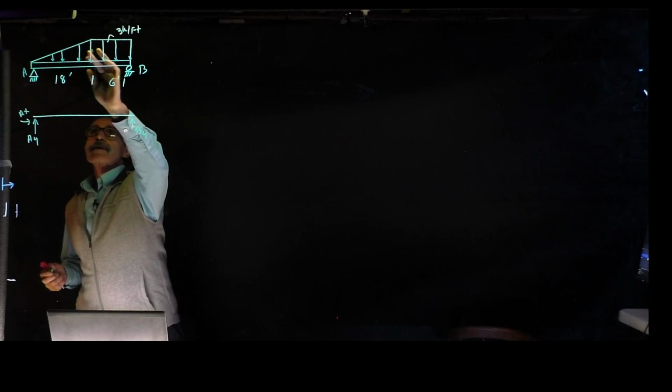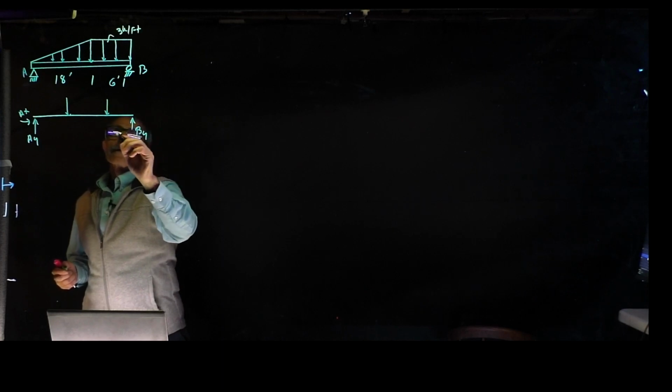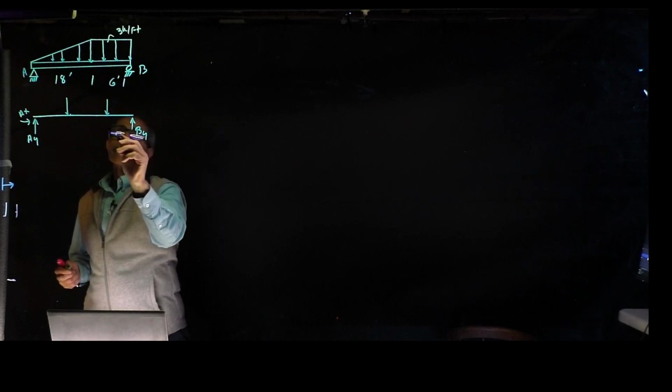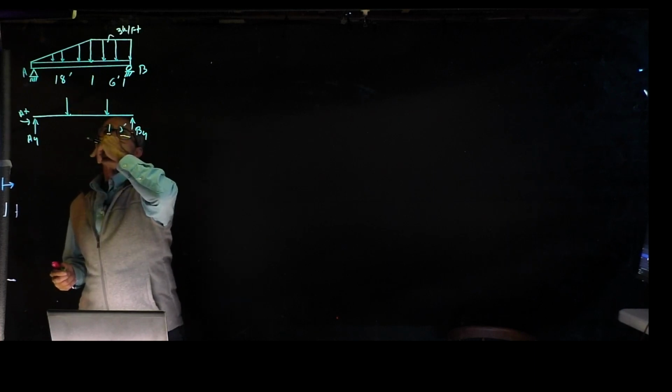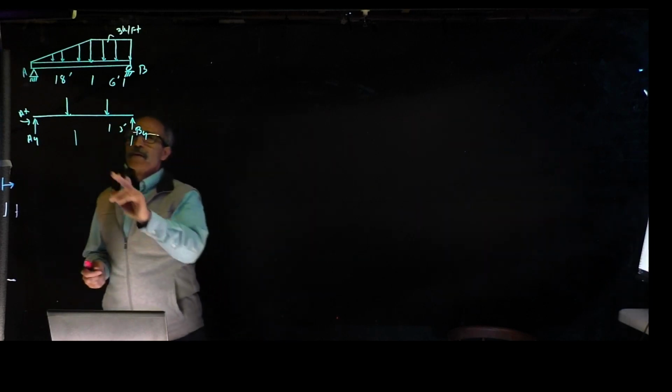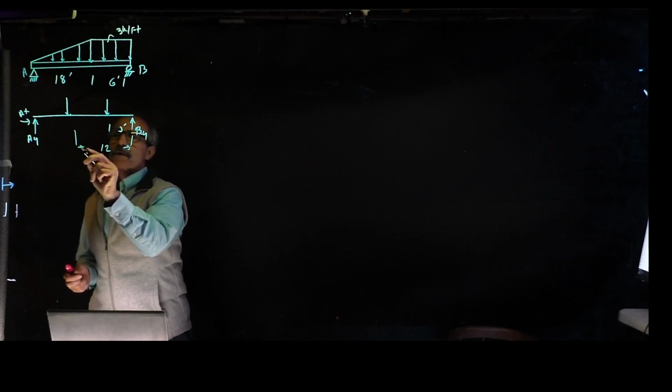Then I'm going to replace this one with one force right here, and the other with one force right there. The distance between this is 6, so that's going to be 3 feet. The distance is going to be 1/3 from here. So 18 divided by 3 is 6. So from here to here is 12 from that force.